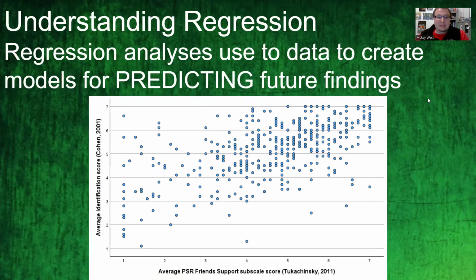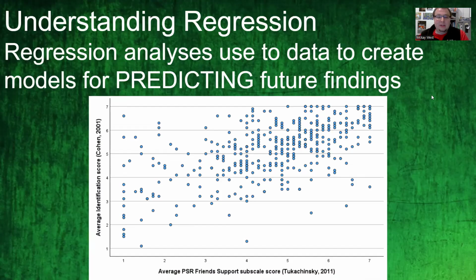So regression analyses, if you remember, I had given this little brief overview, this table in our correlation video about all the dots and how we can start to see patterns in the dots. Well, with correlations, we can see that the dots are in a pattern, but regression allows us to take the pattern and predict how a future pattern in a different study or a different year or a different sample of findings would ultimately behave.